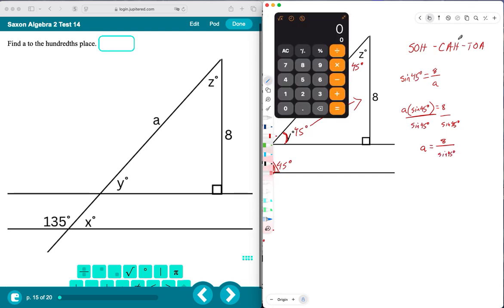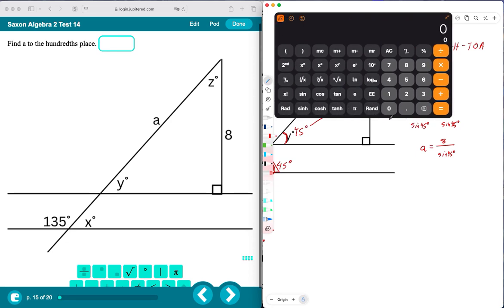So now I'm going to pull out my calculator and find the sine of 45 degrees. So 45 sine is 0.707107. And that is what I'm going to use to divide 8 by.